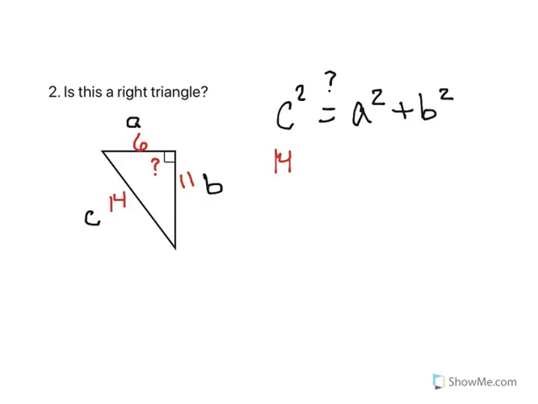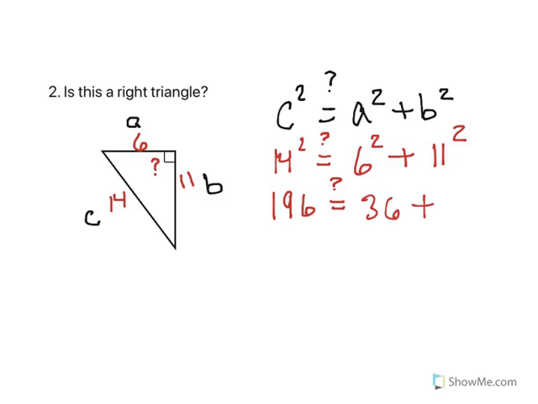So let's substitute in these values. C squared is 14 squared. Does that equal my a squared, which is 6 squared, plus 11 squared? So 14 squared is 196. And then 6 squared is 36. And 11 squared is 121.